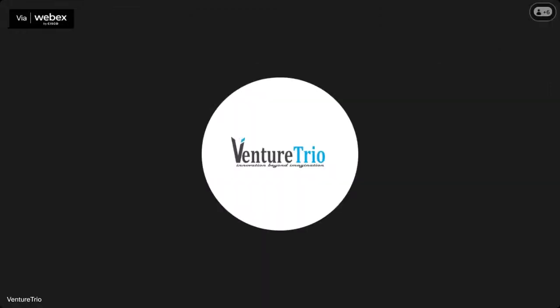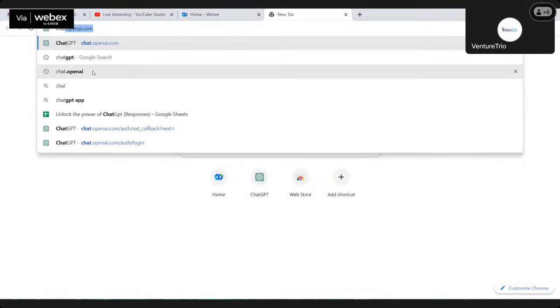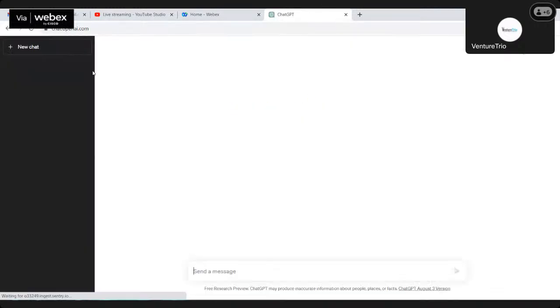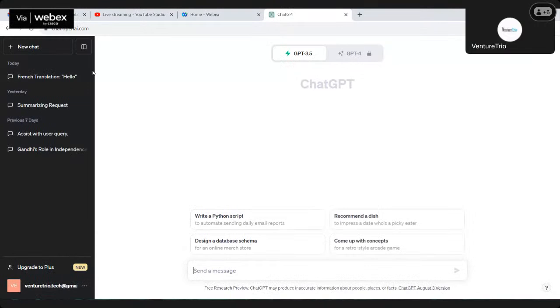After logging in with your email, you have to log in only once. After that, as many times as you want, you only have to write chat.openai.com and you will move to this window and start writing here. Start writing here. As we told yesterday, it can talk in any language, like kaise ho.